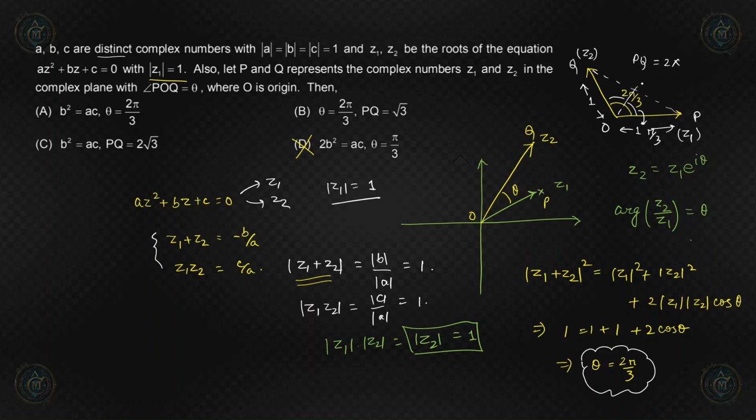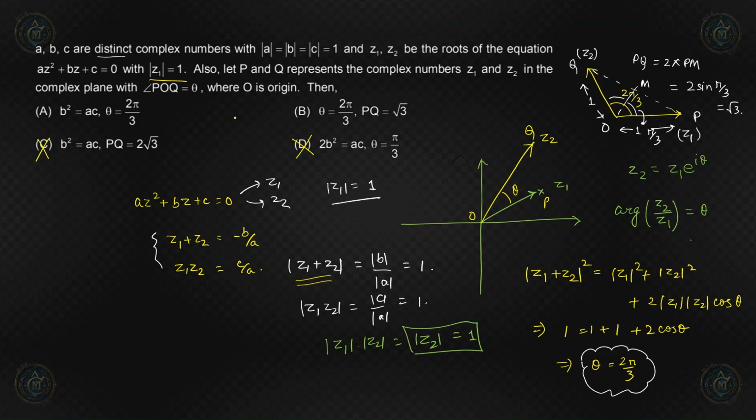Let's call this point M. So 2 times the length of PM. So PM length is nothing but 1 times sine pi by 3, right? So this will be 2 sine pi by 3. So this will be equal to root 3, right? So PQ equal to root 3, that means option C is also eliminated, right?